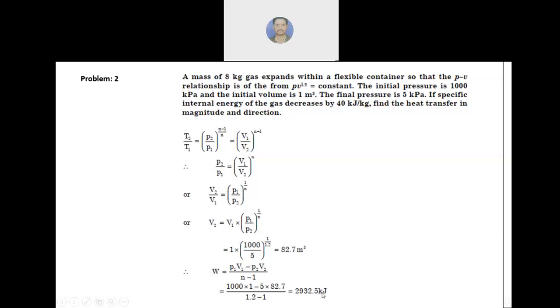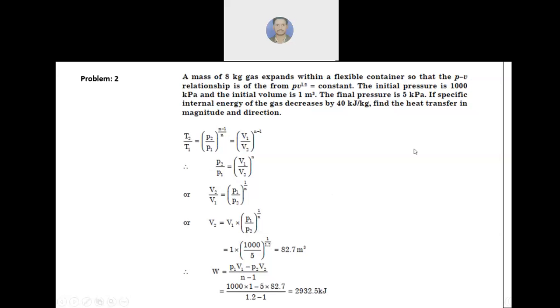Give the reason, just write your answer in the comment box. Yes, because pressure is in kilopascal, so kilo is there. That's why it is written kilojoule.